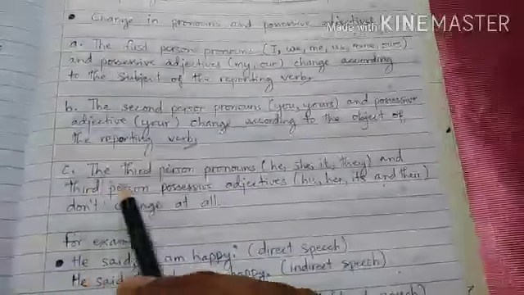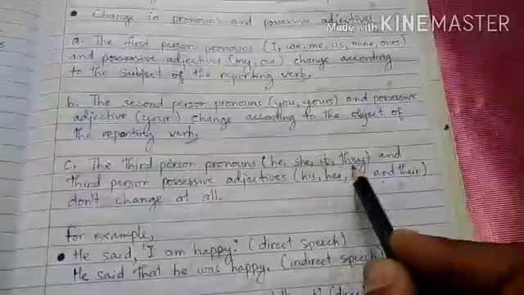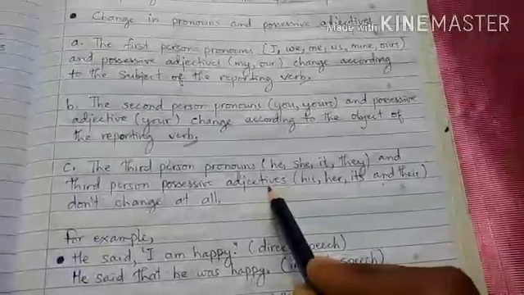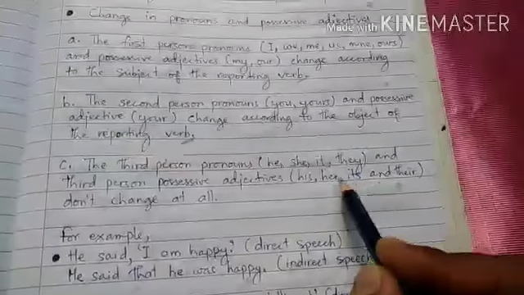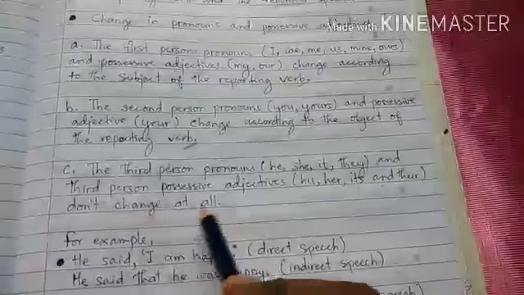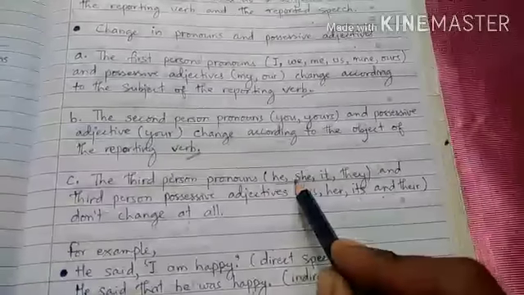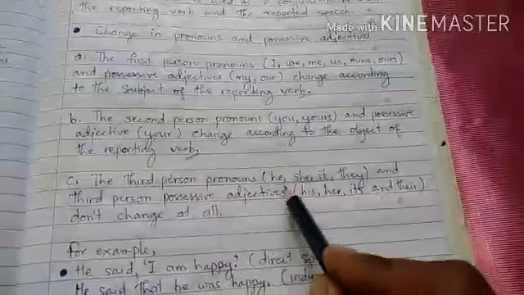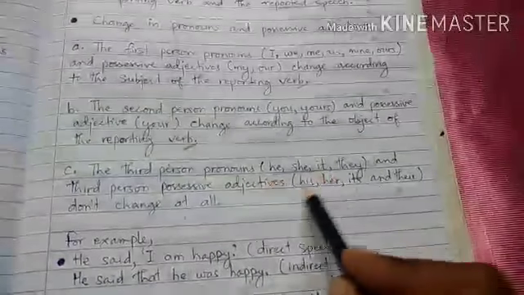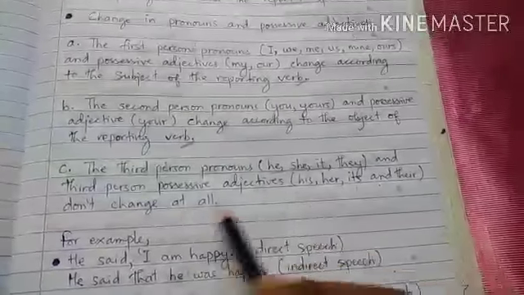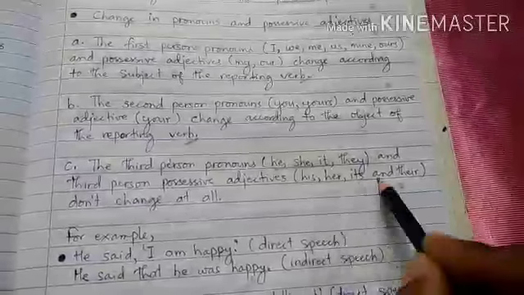Okay, now the third person pronouns he, she, it, they, and third person possessive adjectives his, her, its, and their don't change at all. See these, the third person, these will not change. Third person pronouns and third person possessive adjectives, they don't change.